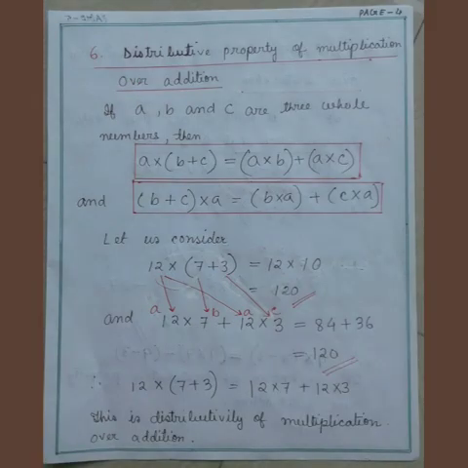Property number 6, distributive property of multiplication over addition.